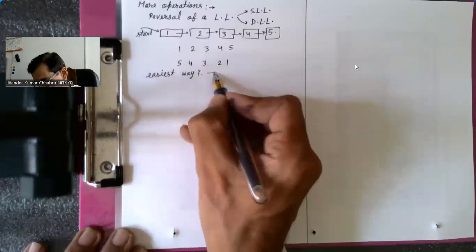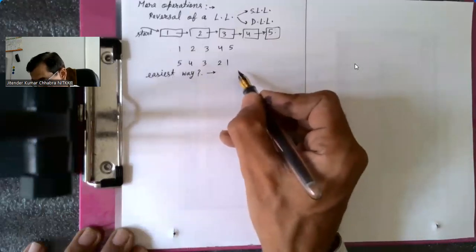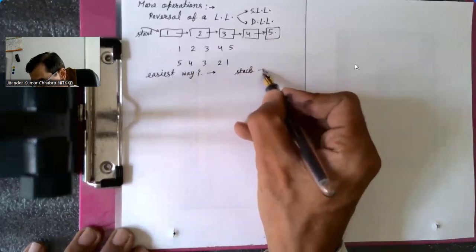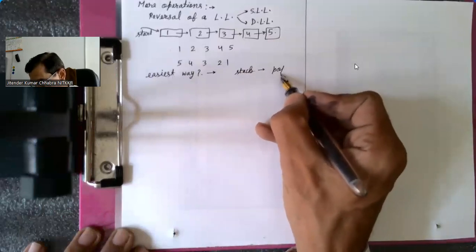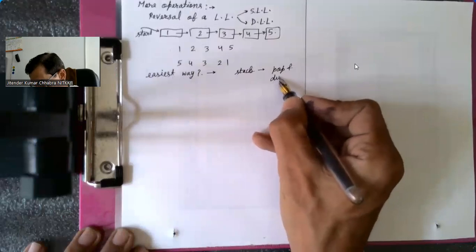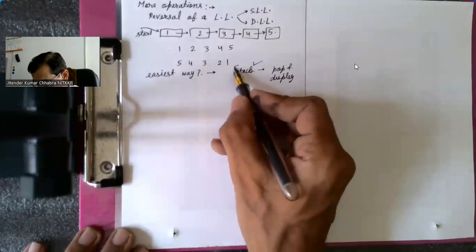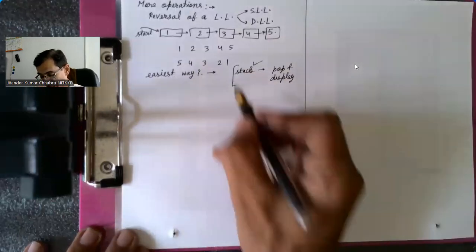Maybe you will say, I will do the traversal and use a stack, keep on storing into the stack, and then pop and display. That will effectively mean 1, 2, 3, 4, 5 will be there, and I will be doing that. Yes, that could be the easiest way. Whether good or not, we have to see.